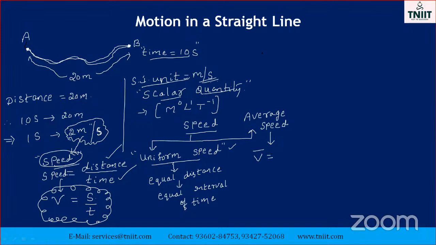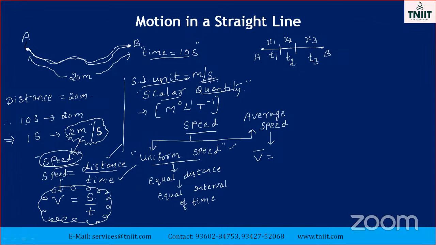Suppose you consider the initial point, let us say A. Initial point is A. Now it reaches the final point B. Now for a certain interval of time, the distance covered is x1 for a time of t1. Next it travels a certain distance x2. The time taken is t2. Then it travels a distance x3 in a time t3.